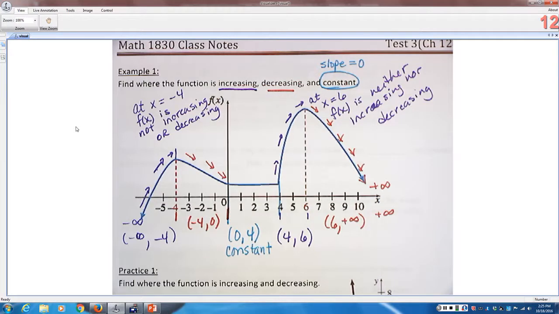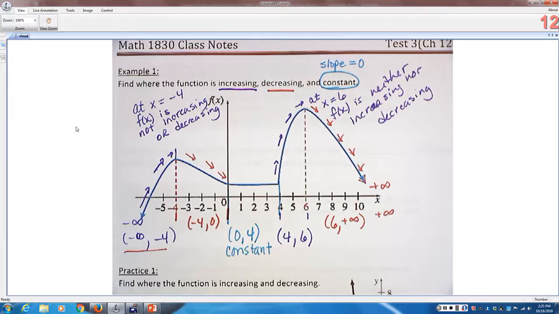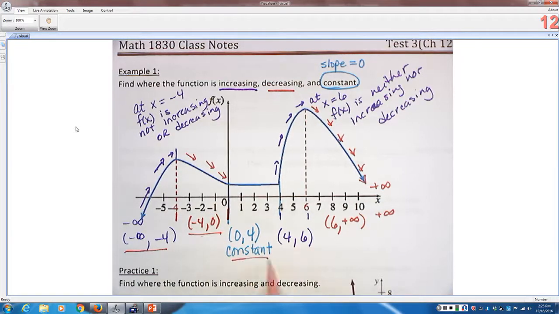So what that means is that the derivative of this function is positive on this interval, then negative on this interval, then 0 on this interval, then positive on this interval, and then negative on this interval. Because if it's increasing, its slope is positive, therefore its derivative is positive.